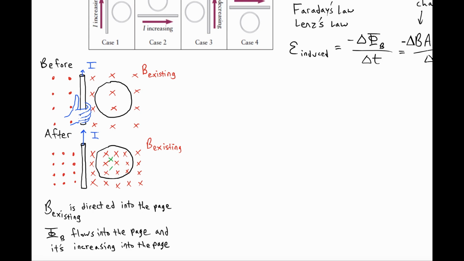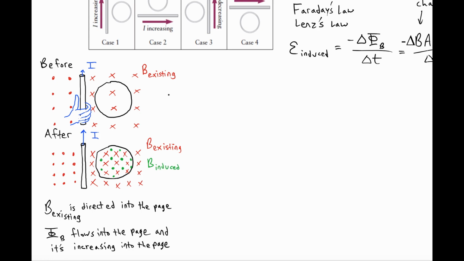So X's is not the right choice because the flux is already increasing into the page, but Lenz's law says that the induced flux should try to stop it from changing. And so since the existing flux is increasing, we'd want to create a flux that would oppose it, so that when these two things get added together, they would cancel back to the original flux, basically.